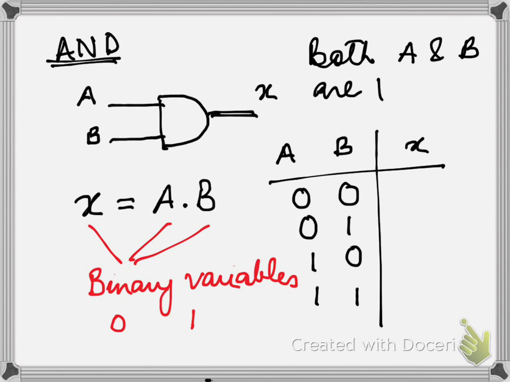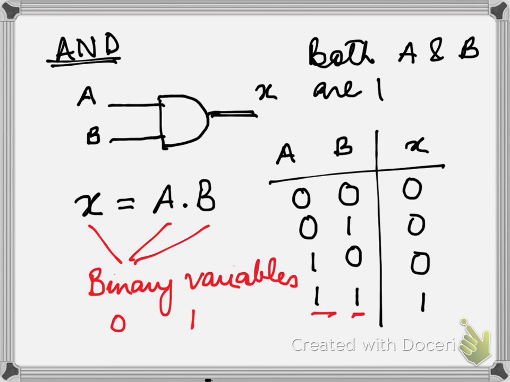As I described, in the AND operation the output would be 1 only if both A and B are 1. So here I have only this row where both A and B are 1, and that is where the output is 1. For all others, the output is 0.